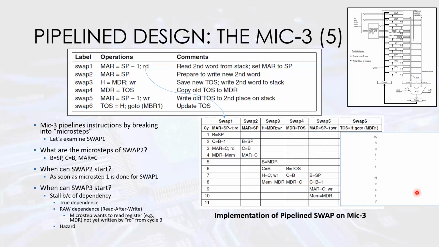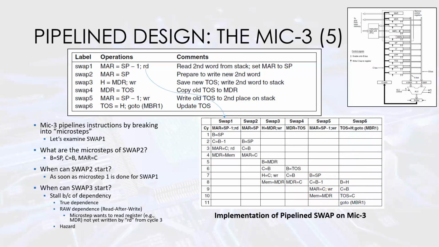Okay, and then swap 5, same thing, no real issue there. B equals SP, C equals B minus 1, MAR equals C. I issue that write command. And then at the end of the next cycle, whatever I had in MDR is going to be put into memory successfully. Okay, and then finally swap 6.